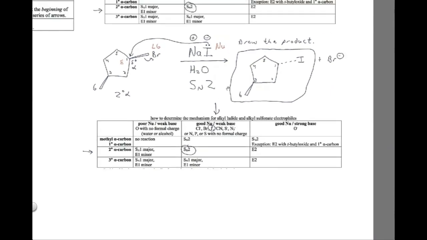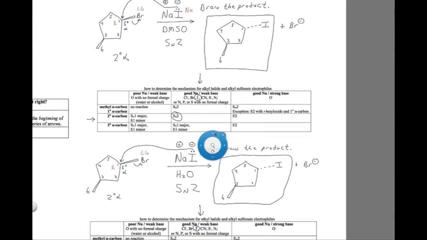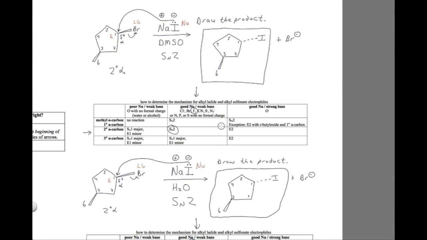If you compare this example with the previous example, the difference between these two examples is that in the previous example the solvent was DMSO, and in this example the solvent was water. But you can see that for these particular problems, changing the solvent had no effect on our answer, with neither the DMSO nor the water ending up directly participating in the reaction.